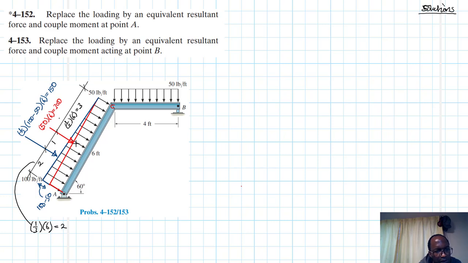I'll need this distance here, and this distance here, and these two distances.